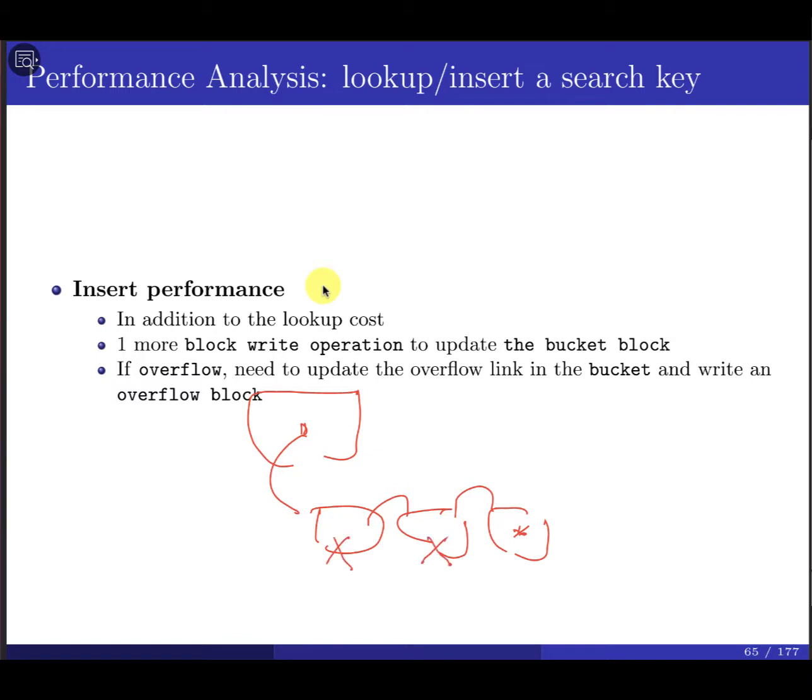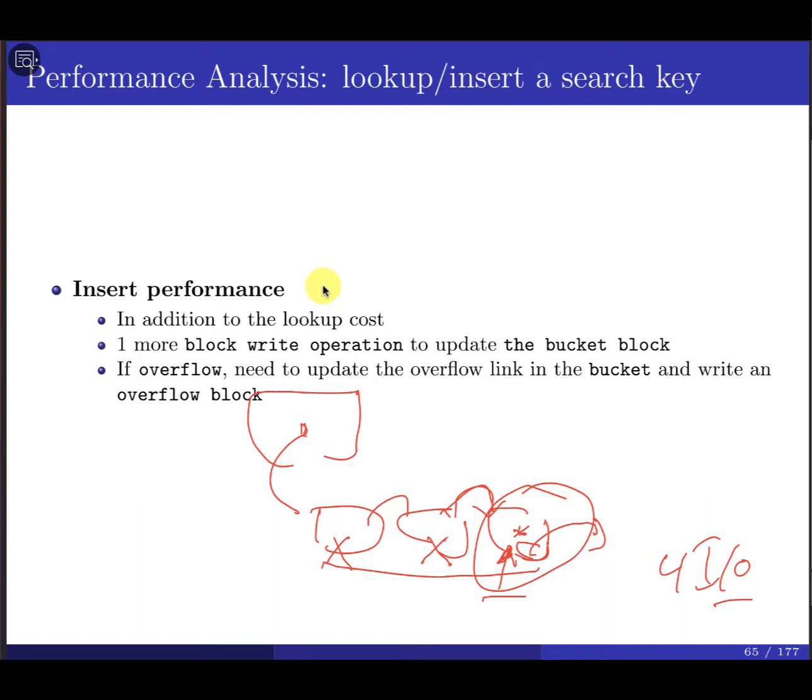The second disk input output operation, there is no space. I need to follow the overflow. The third one, we already have a space. Then in this case, I need to insert the item. Then I'm going to reflect, so we perform 4 input output operations. The 3 of them just to find out the block that has enough space, and the 4th one in order to rewrite the blocks that I modified.